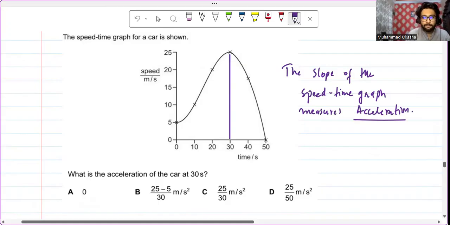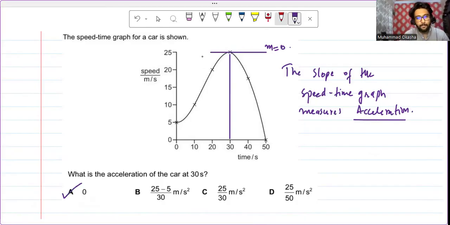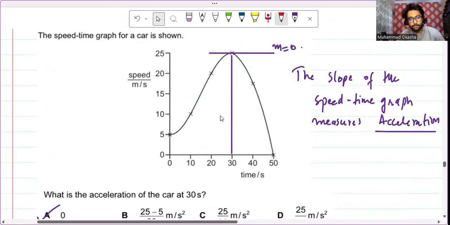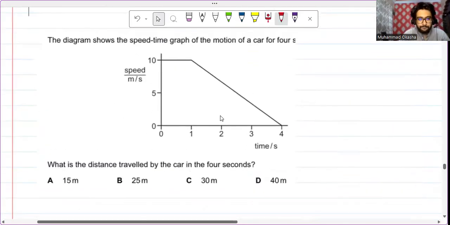So at 30 seconds, the slope of the graph is horizontal. And we know when the slope is horizontal, the gradient is equal to zero. So the acceleration is going to be zero at 30 seconds because the slope is zero.